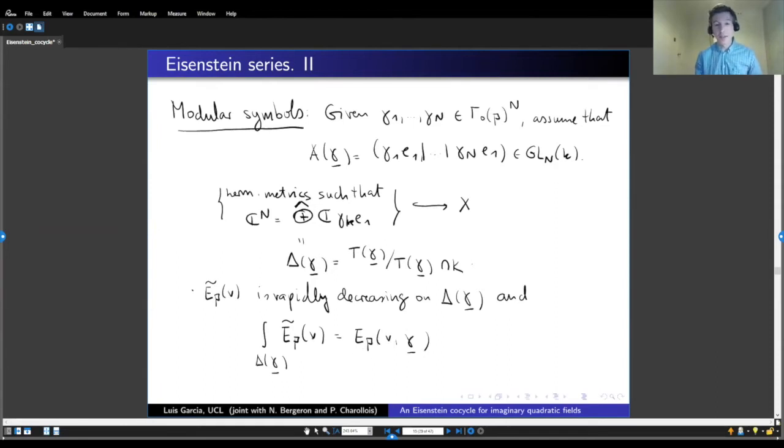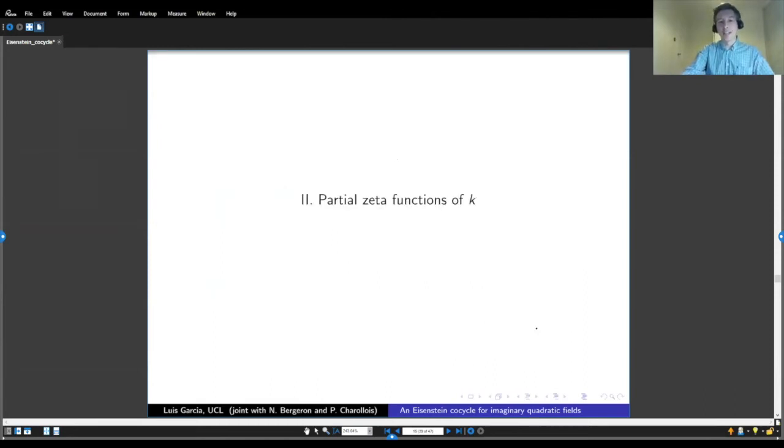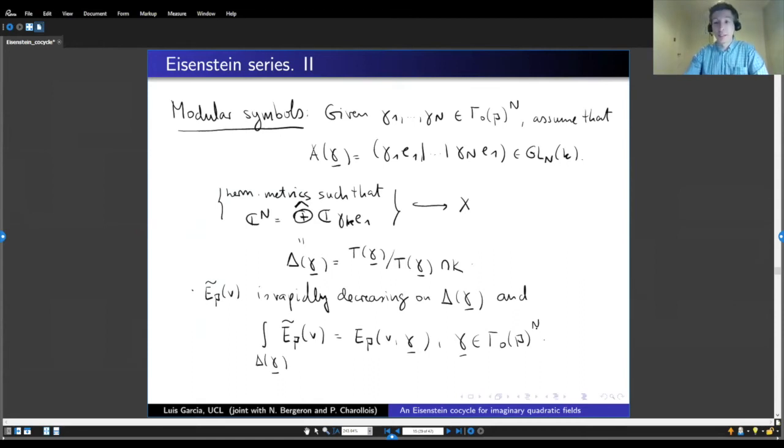So basically, the way this works is that all the work is in being able to integrate eta, and it's the formula I gave before for integrating eta on a submanifold of the form of a modular symbol like this. So this follows trivially from the properties of eta for gamma and 0. Okay, so that's basically what I wanted to say about how one can define an Eisenstein series that gives rise to this cocycle.